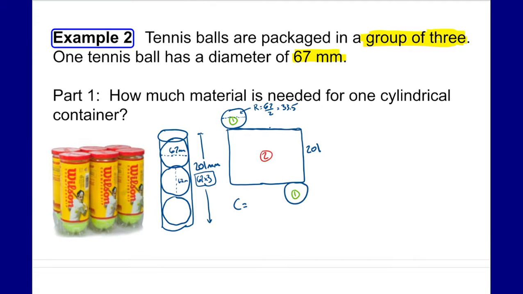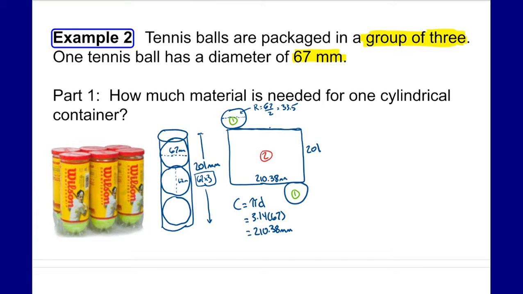Circumference is equal to pi times diameter, or 2 pi r, but because we're given the diameter, we might as well use it. So 3.14 times 67, we get roughly 210.38 millimeters. So the length of our rectangle is 210.